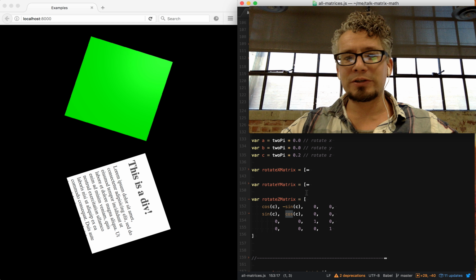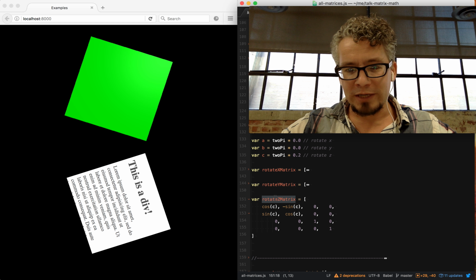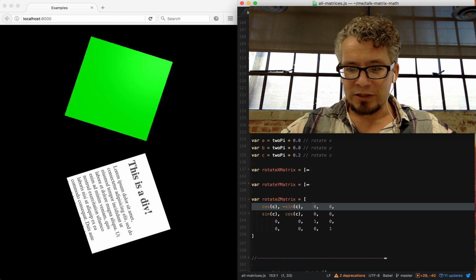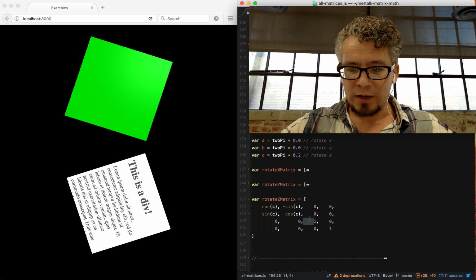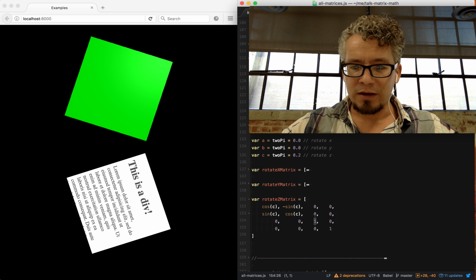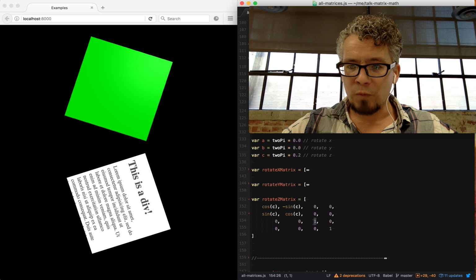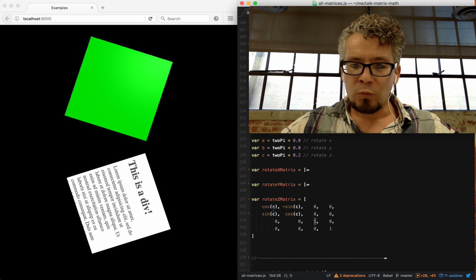What's interesting to note on the rotate z matrix is, if you think of these rows in terms of x, y, and z, the x value and y value have things going on, but the z value is 1, which means it's not changed. That's a nice way to think about where those cosines and sines go to perform that rotation.